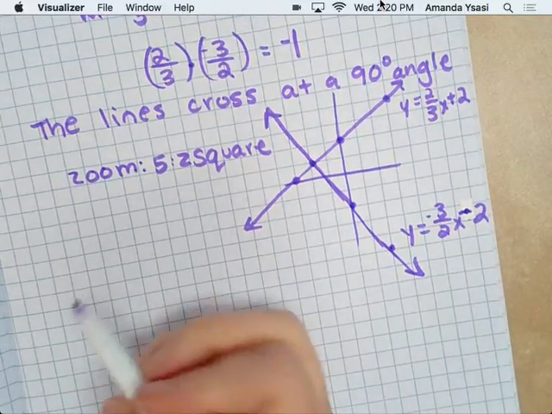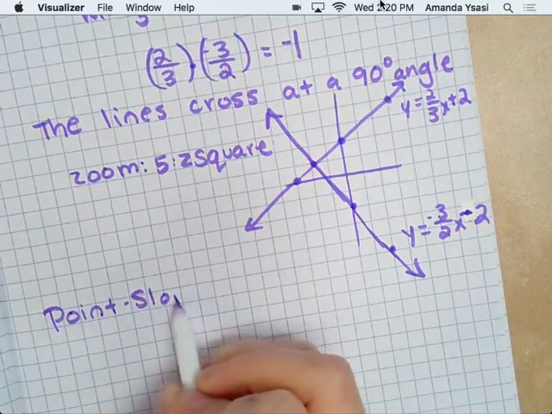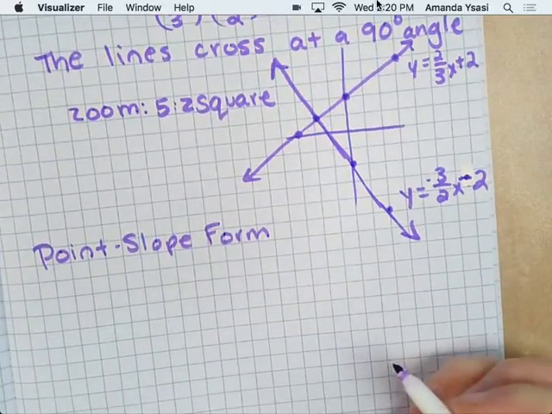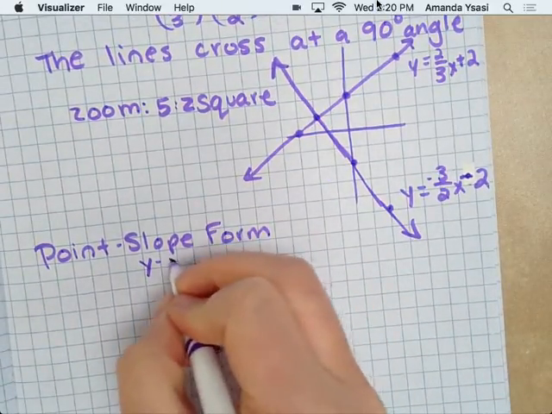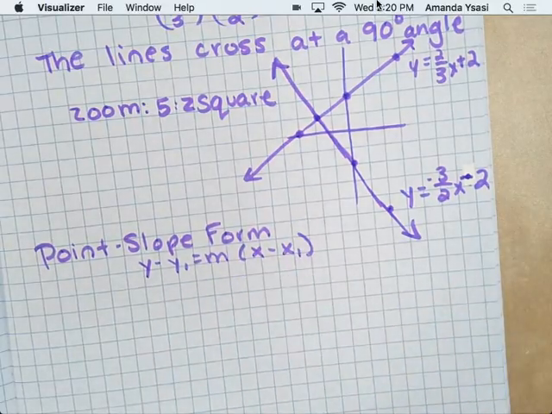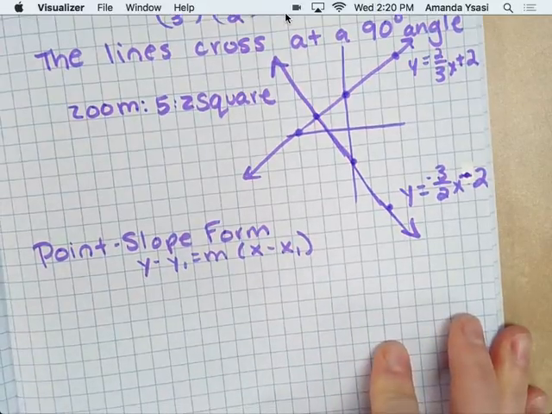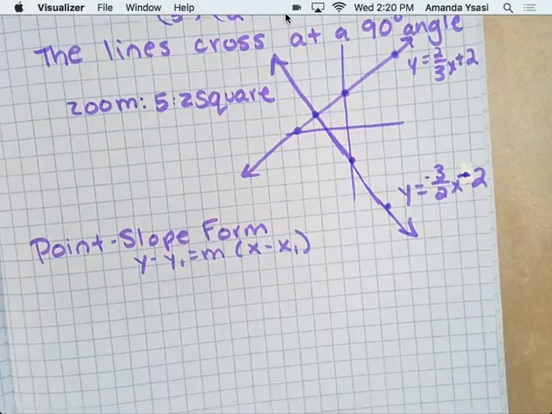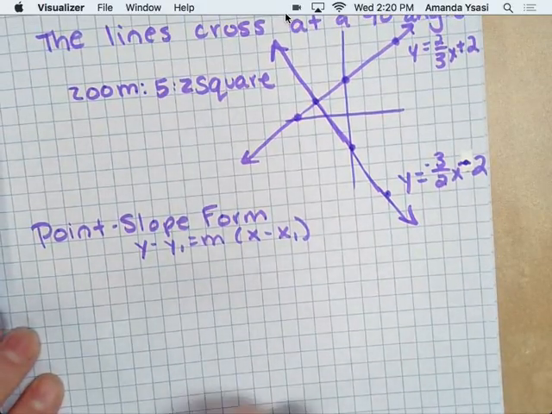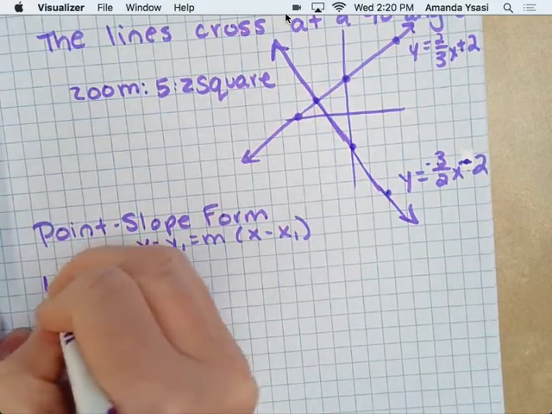Okay, we will still be using that point slope form, which is y minus y1 equals m times x minus x1. The next thing we are going to talk about, we talked about a little bit yesterday, is line of best fit.